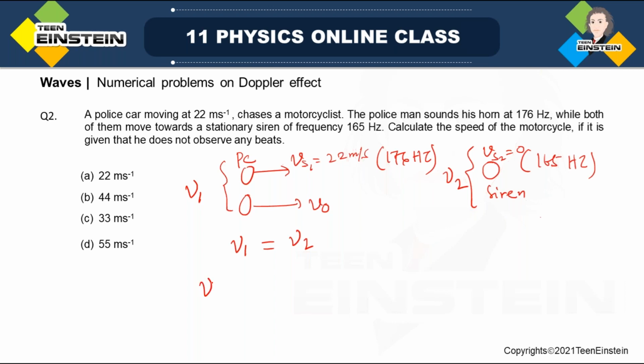So then in that case, the frequency, I am writing it as nu1, will be equal to V minus V observer over V minus Vs, times nu.